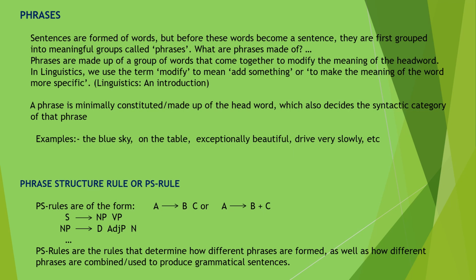And then we'll bring noun phrase to the left of the arrow, and break down noun phrase into its constituents, and then we'll bring down verb phrase to the left of the arrow, and in the third step we'll break down the verb phrase into its constituents. Similarly, we'll keep on dividing the phrases into their constituents till we reach the level of words. So now let's look up the structure of different phrases.